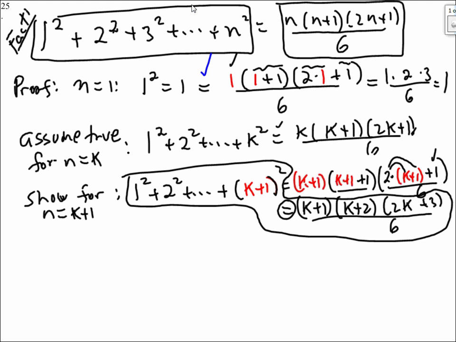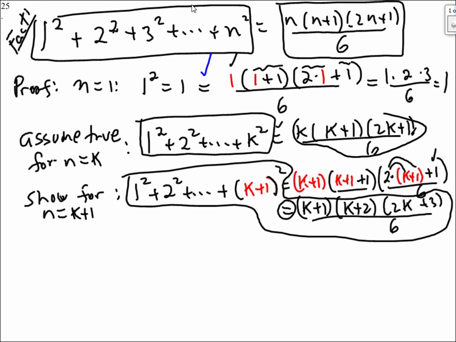I'm allowed to use my assumption. I'm allowed to use that. If I only add the squares up to k, I can use that. Well, 1 squared plus 2 squared all the way up to k plus 1 squared. Well, the number before k plus 1 is k.